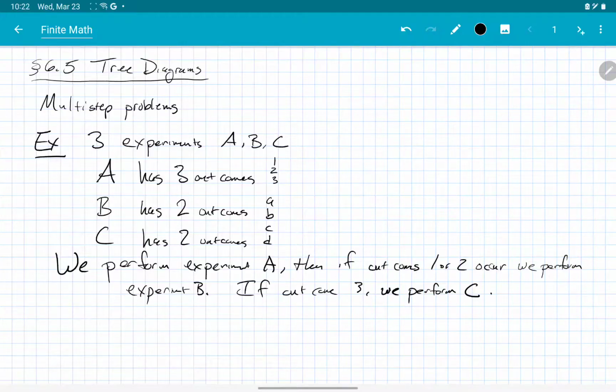Depending on what the outcome of A is, we run another experiment, but it depends on what A's outcome is.